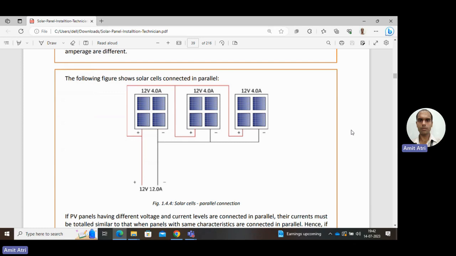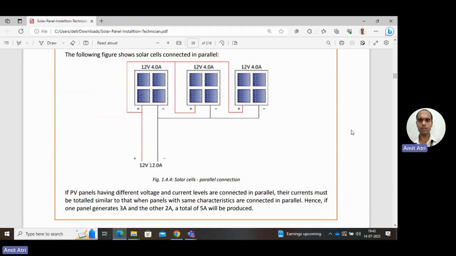The positive of each solar cell is connected to one point in the output, and the negative of each solar cell is connected to another point in the output. Now the total output voltage is still 12 volt, because in parallel voltage remains the same. Current adds on: 4 plus 4 plus 4, 12 ampere.